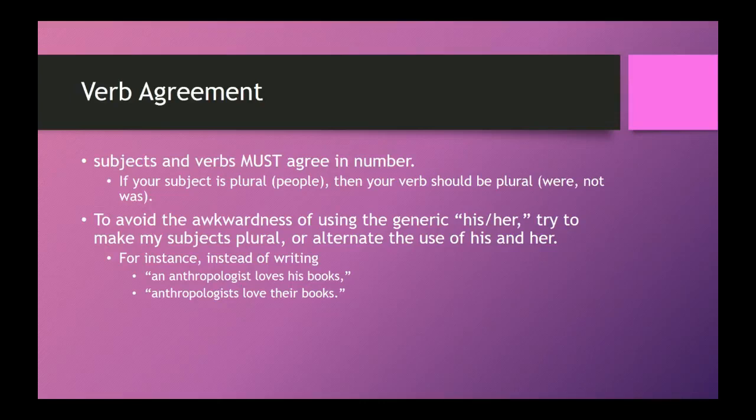Now, in the past, using their for singular was a huge no-no. But in 2017, the Associated Press Style Guide, which is the universal style guide for journalism, and it's also kind of kept as a log of this is how English is working right now, made a change.